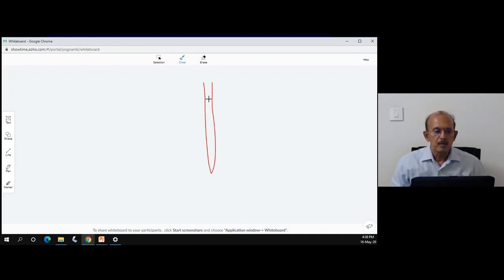This is the spinal cord. And on either side, there is a paravertebral chain. That means there will be ganglia for this chain.